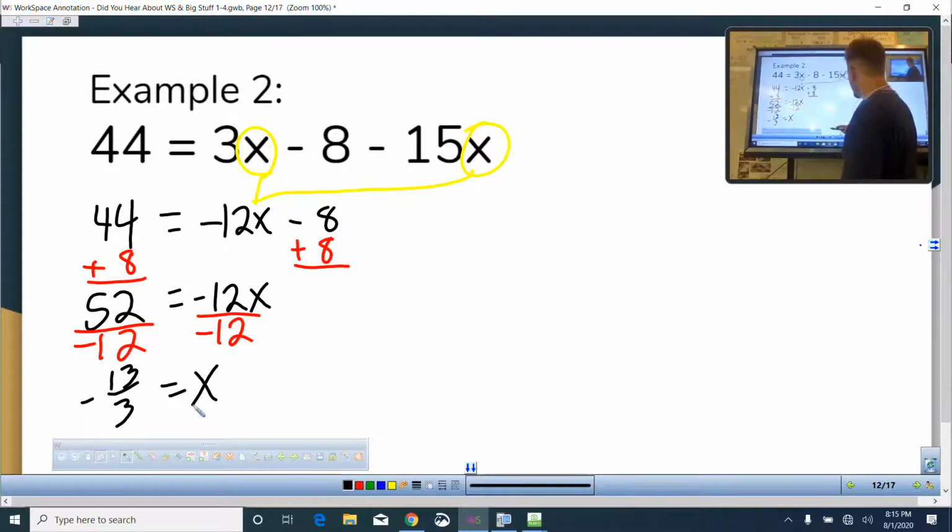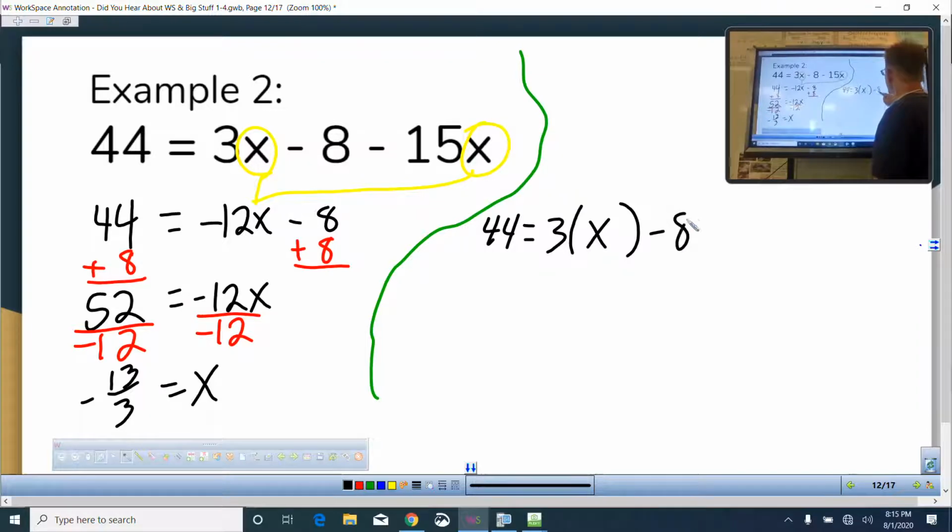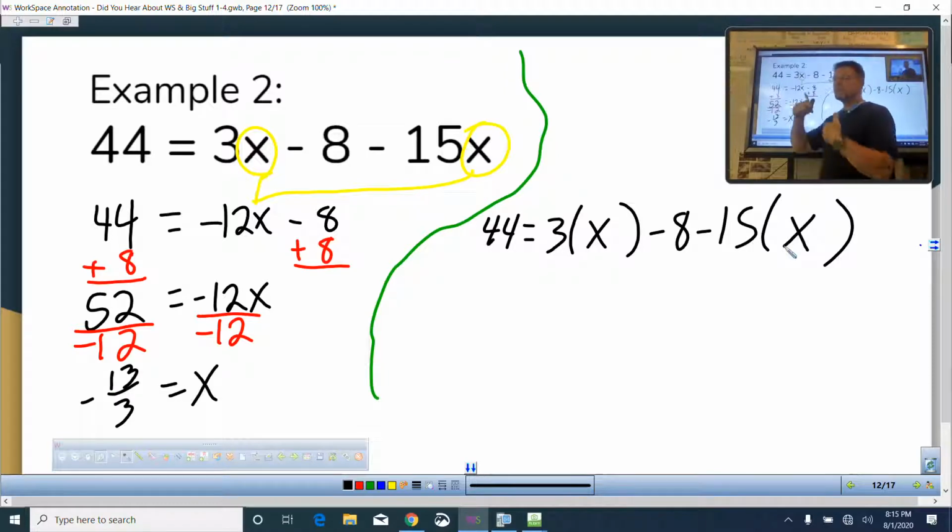So how do I know for sure it's my solution? Well, let's check it out. So we have 44 equals 3 times x minus 8 minus 15 times x. Well, a definite solution is one you can plug in that makes it true, correct? So we're going to give it a shot. We're going to try to make it true.